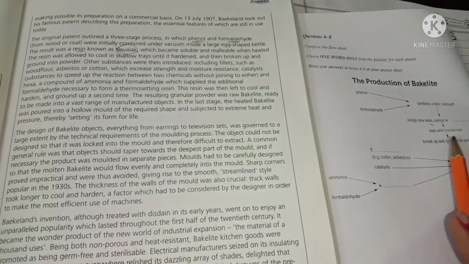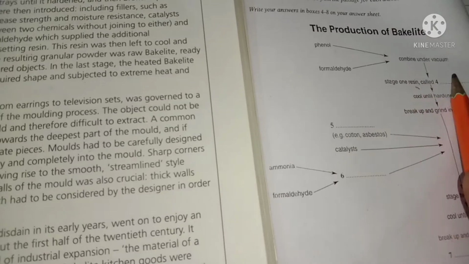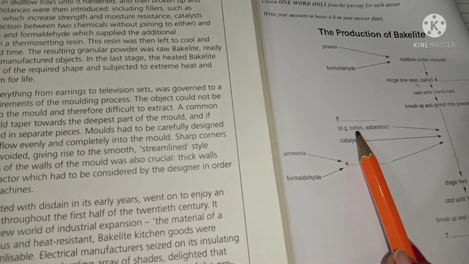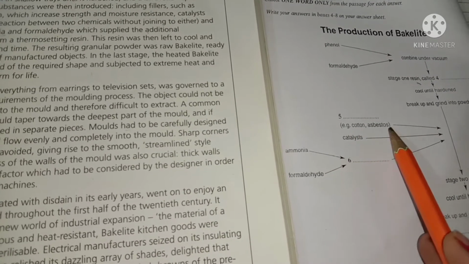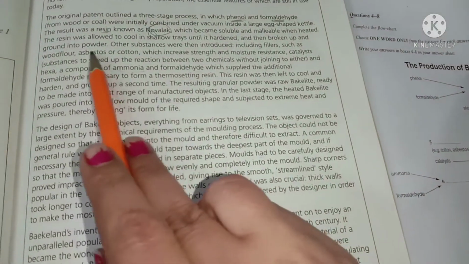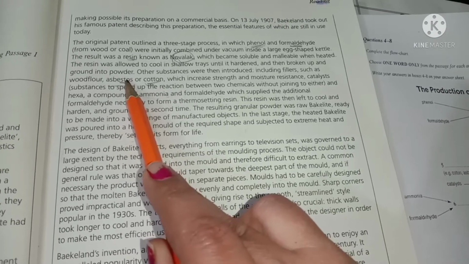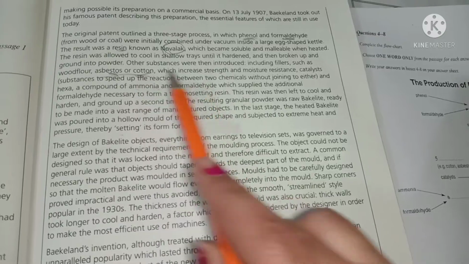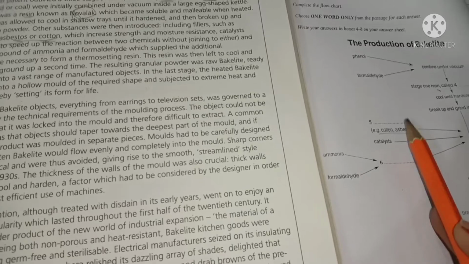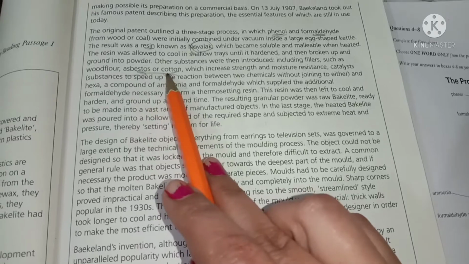The next question, number 5. The example is cotton, asbestos. Cotton and asbestos are the keywords, so I have to find these keywords in the paragraph. Here these come after the answer, so I have to check before these words.